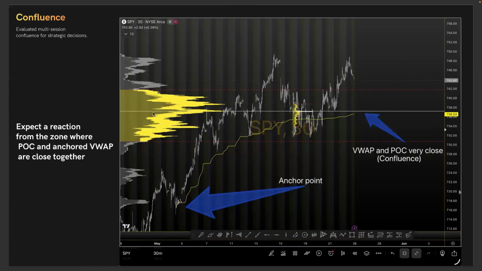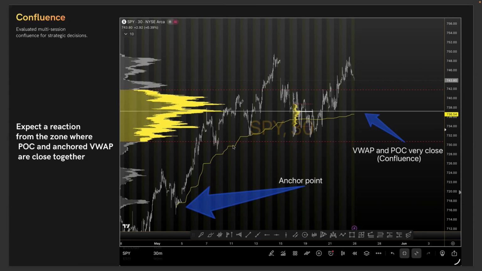And then we have one more confluence here. For this one, I use the anchored VWAP and anchored volume profile, and I anchor them at the same place, here at these lows, around 716 on SPY.